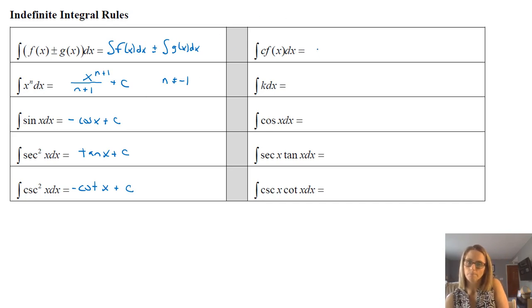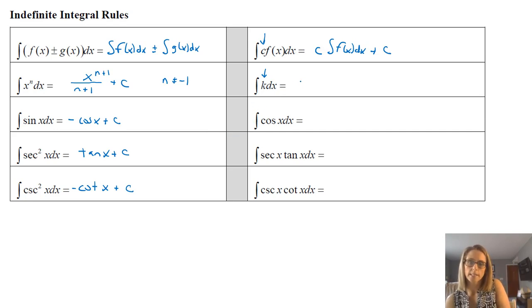Up at the top here, this is a constant, any real number. And so just like so many other things, we can pull that out. And don't forget to add C. Here we have just K, and K is another example of having a constant. It's just a different constant because I already used C above.